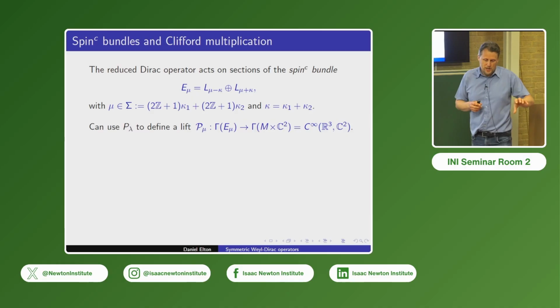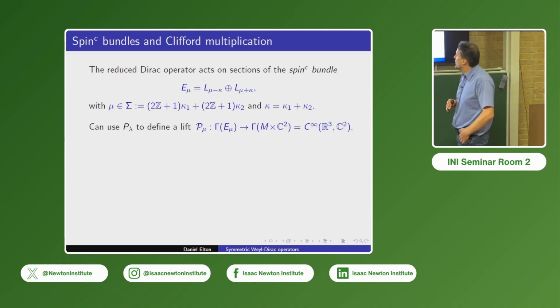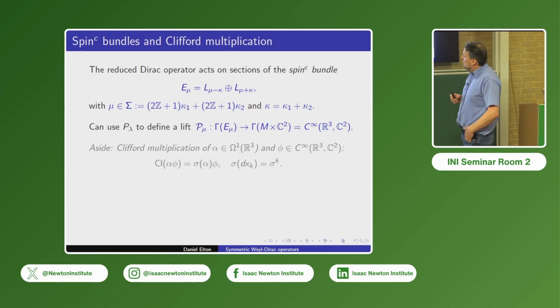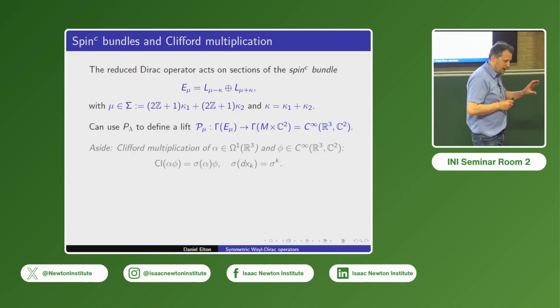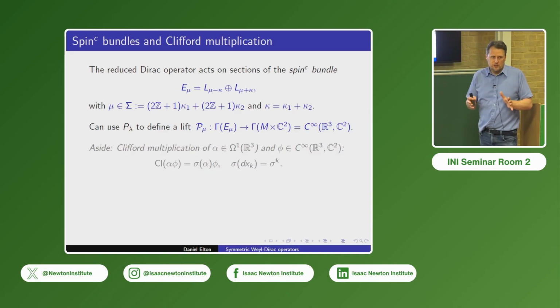We can use the lift that we had before to lift each component separately, and we get a lift to C2-valued functions on our 3-manifold. The other thing, well, there are two more components to a Dirac operator. We also have the Pauli matrices. This is something that in the geometric setting is called Clifford multiplication.